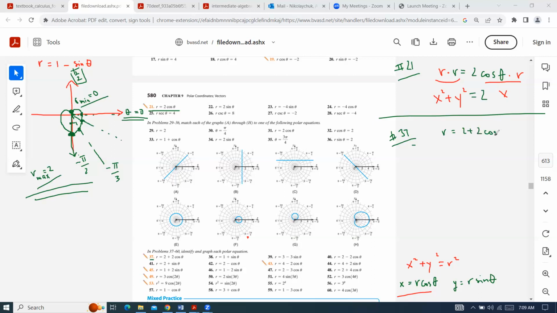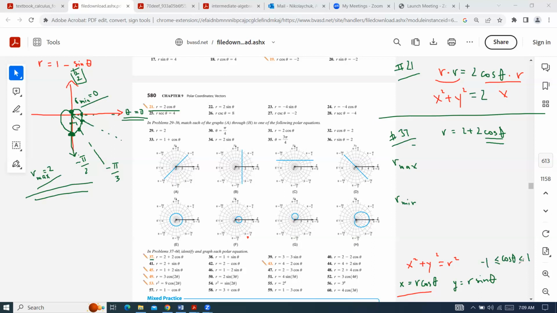And in order to graph, I'm going to find what the value of the maximum is, what the value of the minimum is. And looks like the minimum will be 0 anyways, because cosine of theta always varies between plus and minus 1, right? So the largest value is positive 1 and the smallest is negative 1.